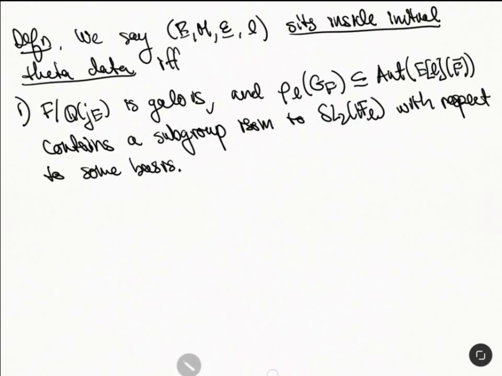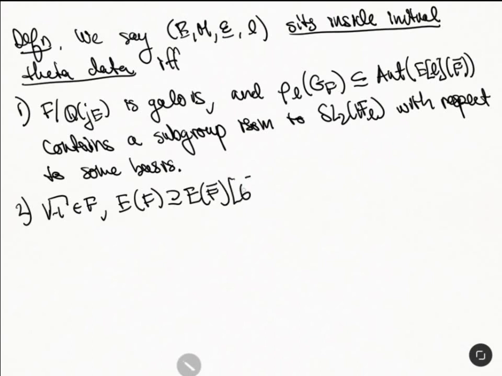Okay, so we're going to demand that the square root of -1 is in F. We're going to demand that E_F contain, let's say, for safety purposes, E[6] of F bar. So the 6, let's say the 30 torsion. Okay, so let me make a little note here. Is that in IUT1, the assumption is 6 torsion.